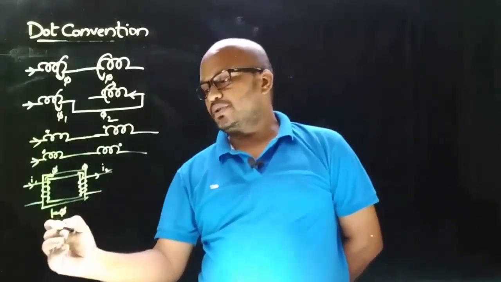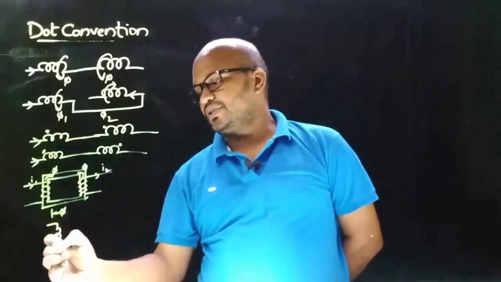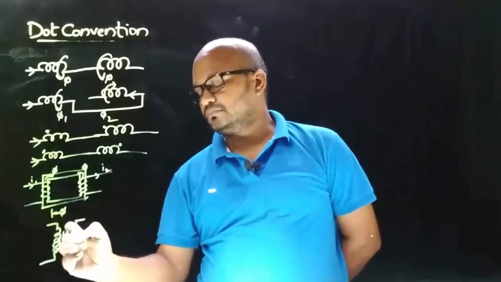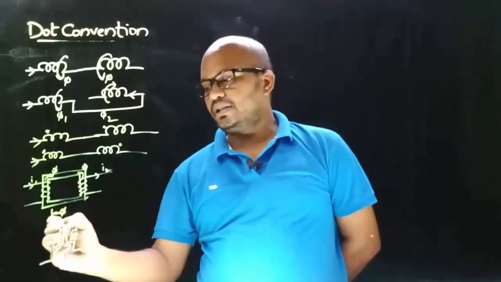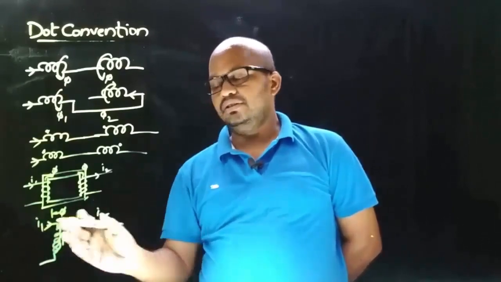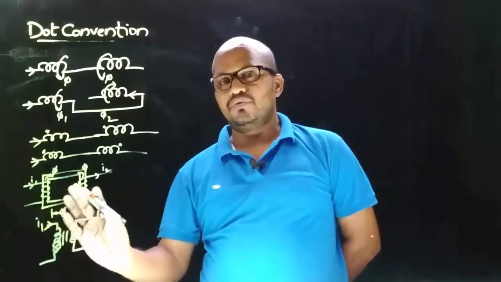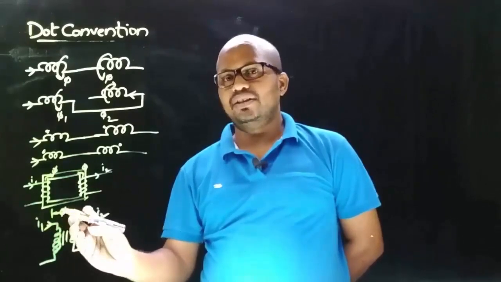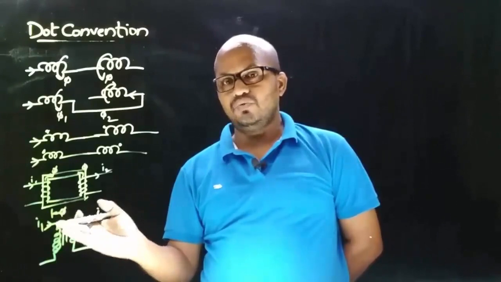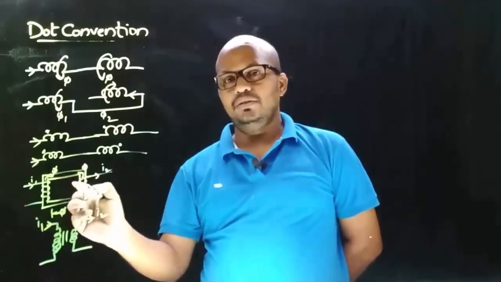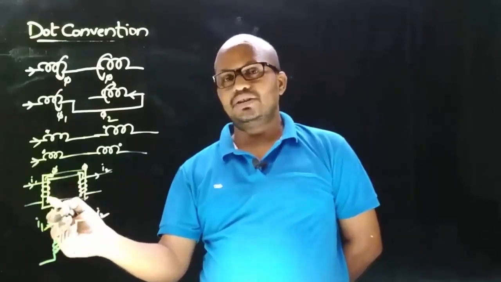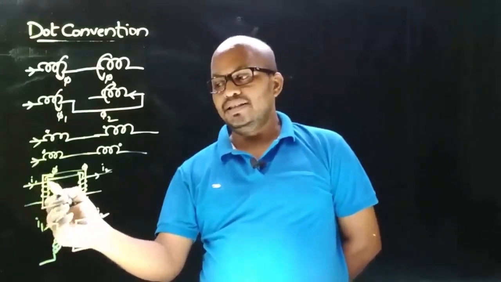And now suppose the schematic diagram of a single phase transformer is given, and we know that the current directions will be like this, and there is no information about dots, and it is asked to find the mutual induced EMF polarity, then how do we find it? Earlier we found the mutual induced EMF polarity by applying the right hand rule, and that right hand rule we can apply if we know the sense of the winding.